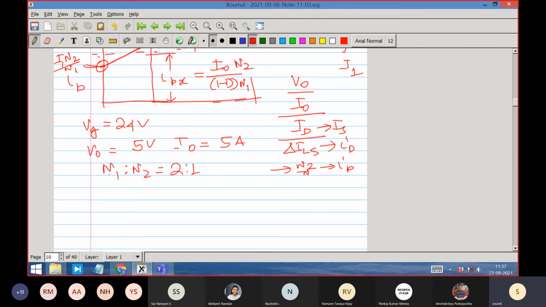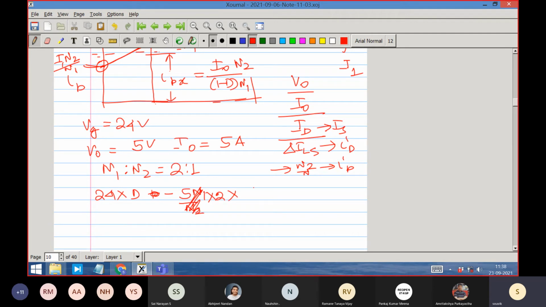So we have seen that we will find out first the duty ratio. What is the duty ratio? Let's write the equation: 24 into D minus 5 volt into 5 volt divided by N2 into N1, which is nothing but 2, into 2.